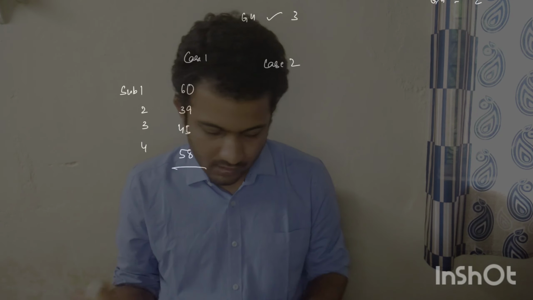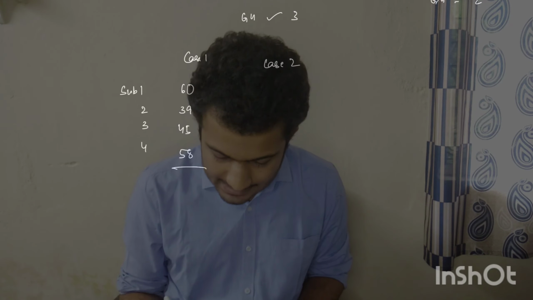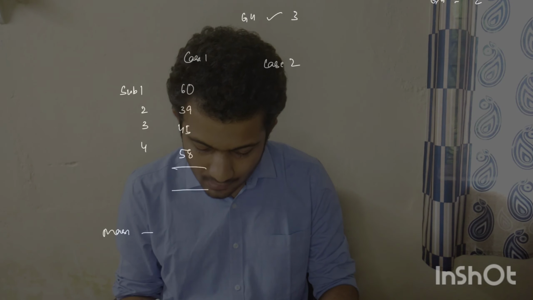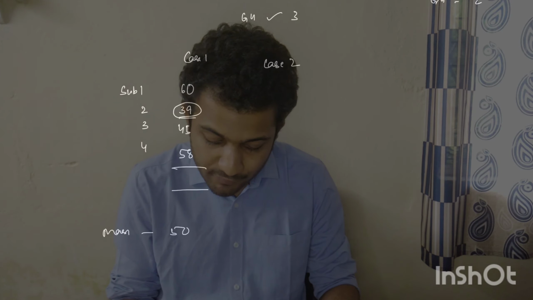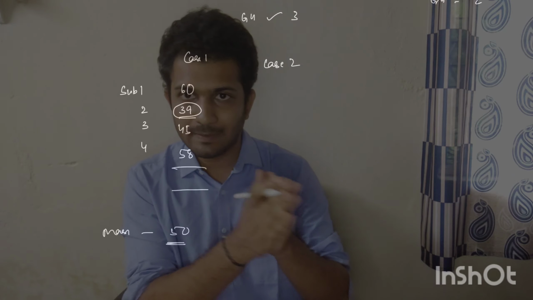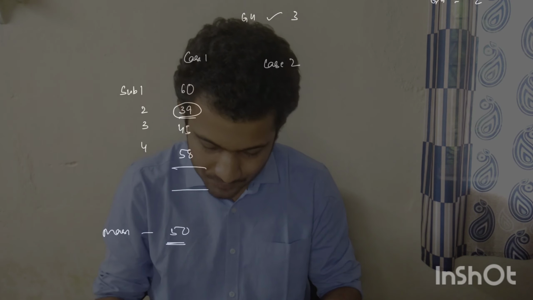I don't know the total because I don't know how to calculate right now. In this case, for the next attempt, the number of marks that will be carried is 50. Why? Because you failed in one subject. 50 marks will be exempted. You have to write for 150 marks.